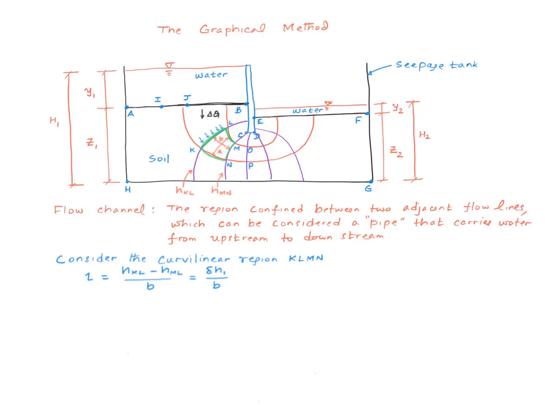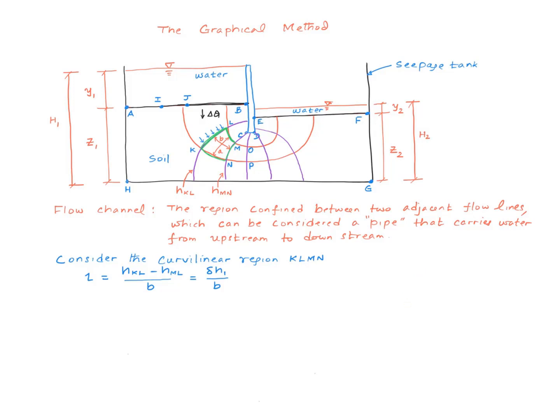Let me consider the curvilinear region KLMN and assume that the average distance this way is little a, this way is little b. We know the water is flowing in this direction, right? And I'm going to further assume that this is a perfect rectangle, like a little pipe.